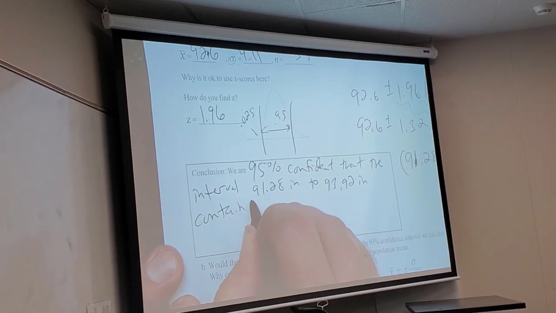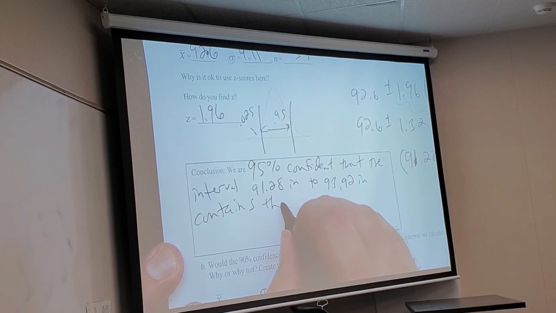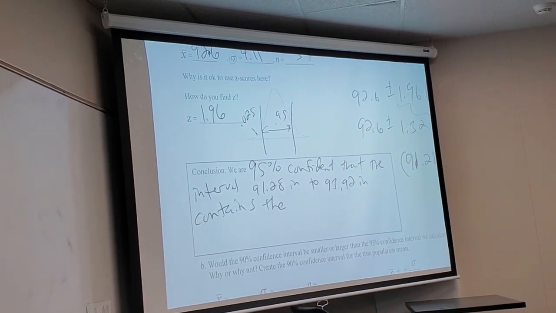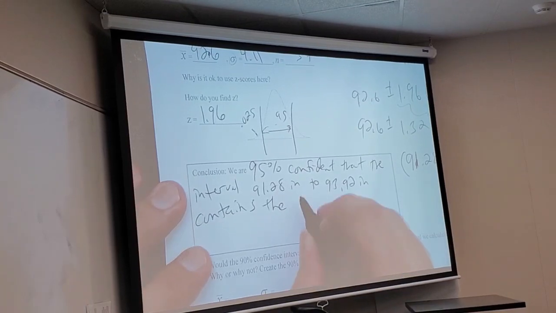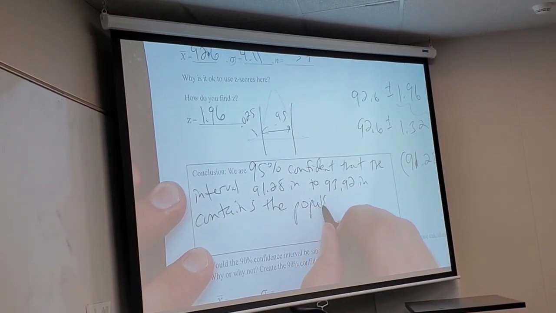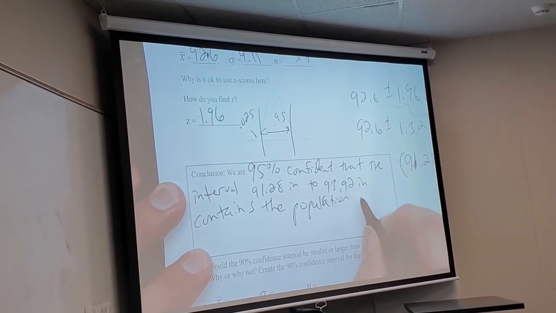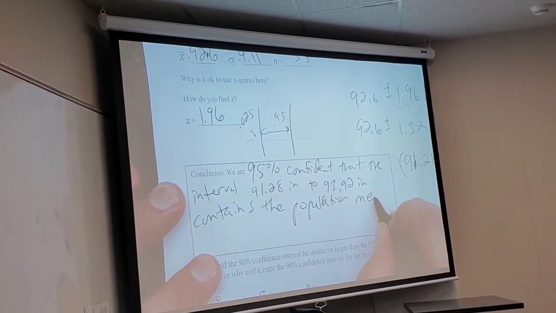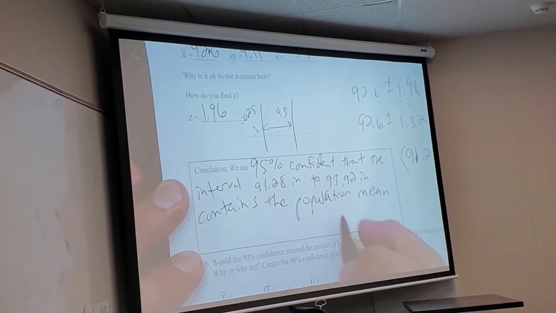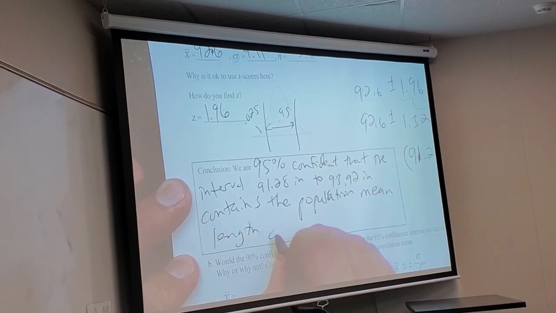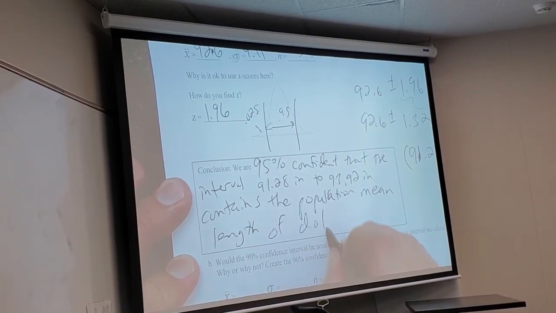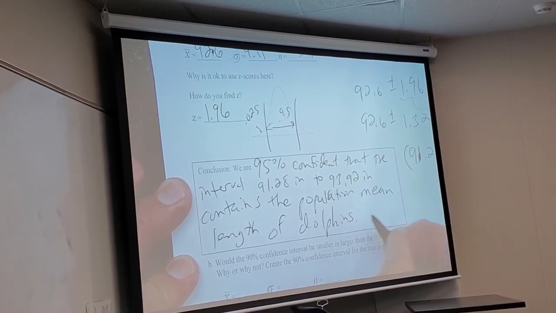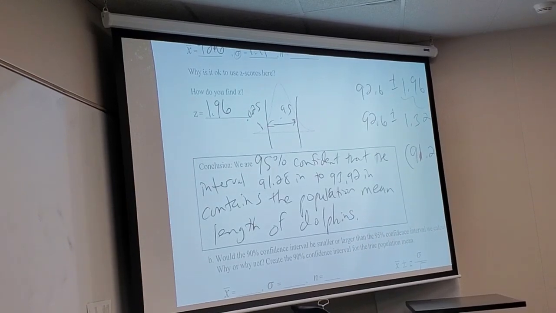contains, I'm going to often say the true, and when I say true, I mean population, right? So the population, if I'm not thinking about it, I'm just going to say the true, contains the population mean what? Length of dolphins. Did you say dolphins or all dolphins?